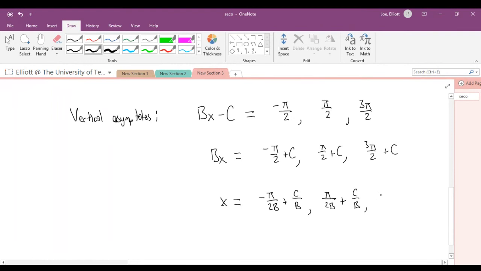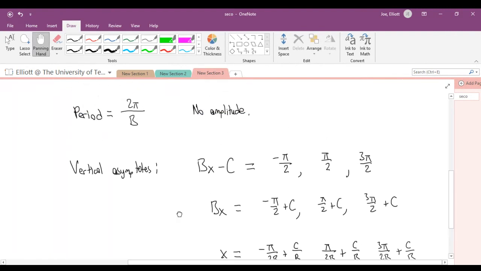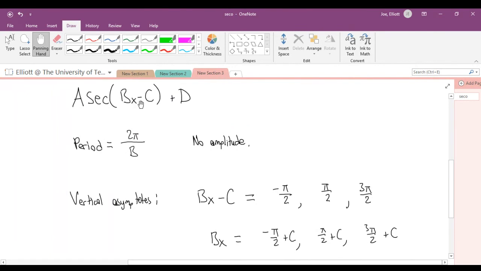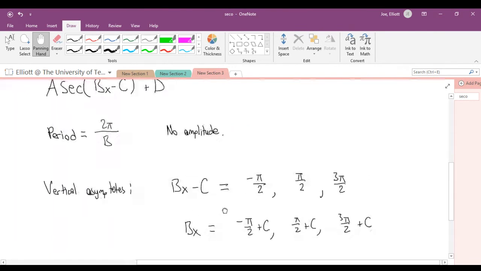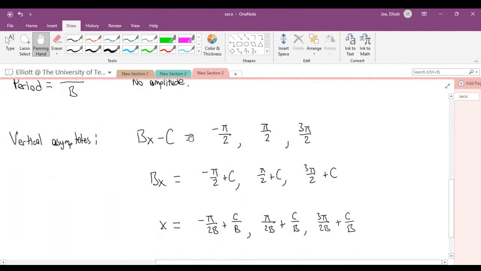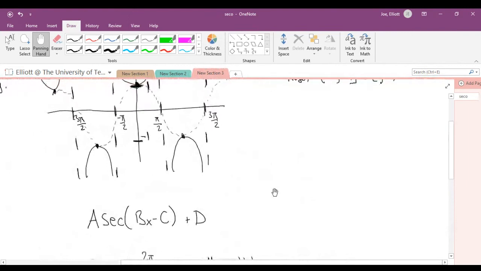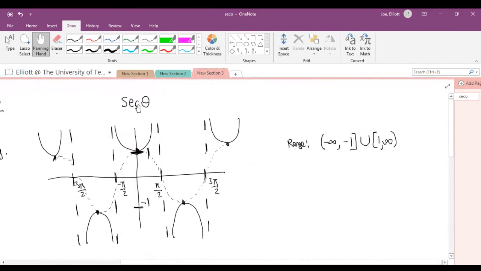Okay. And so the expressions that I'm writing out right now are maybe not too important, but what is important is that you understand the procedure: to find the vertical asymptotes, you can take whatever was inside your function and set it equal to where the vertical asymptotes of the original function are.